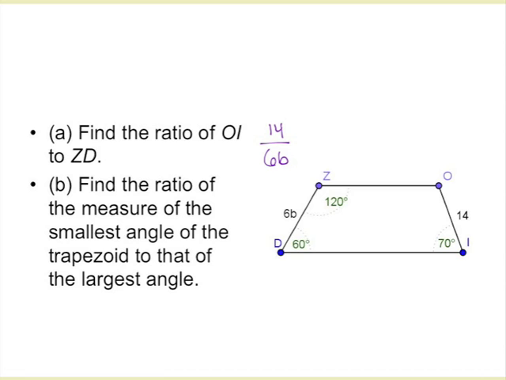Again, we don't want to divide them out and turn them into decimals, but we want to reduce them into their simplest form. So 14 and 6 both reduce by 2 to leave 7 over 3b. You could also write that in the colon notation if you prefer. 7 to 3b is exactly the same thing. And it doesn't matter to me which notation you use.